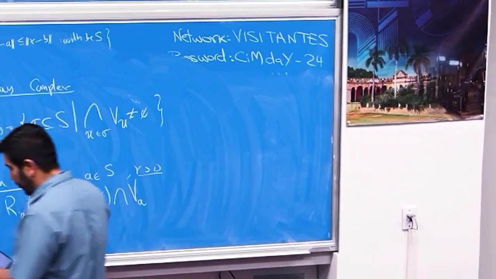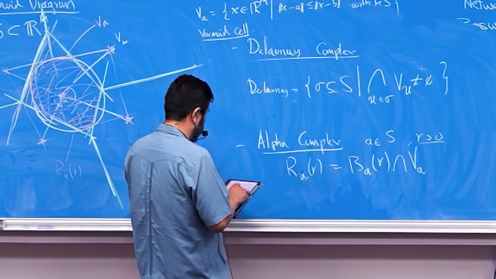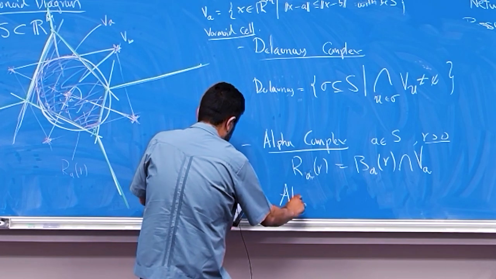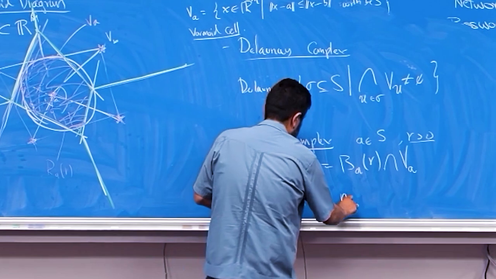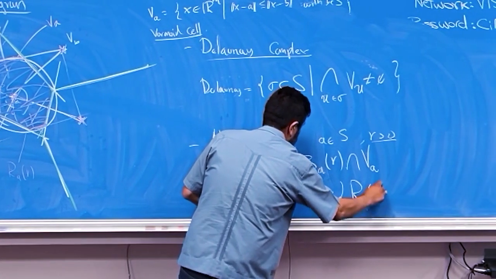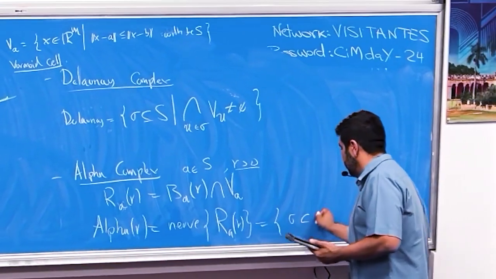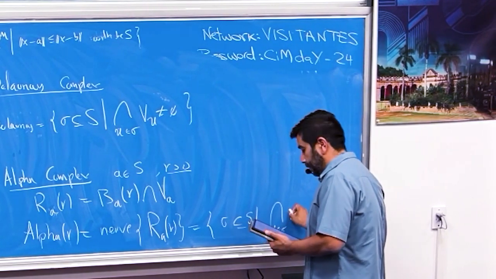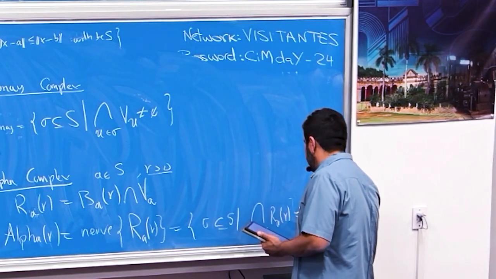So the alpha R is going to be the nerve of this covering by these sets. The nerve is the set of simplices sigma such that the intersection of these sets is not empty.